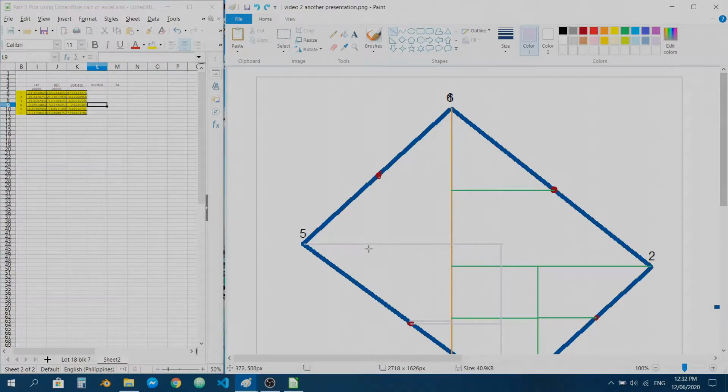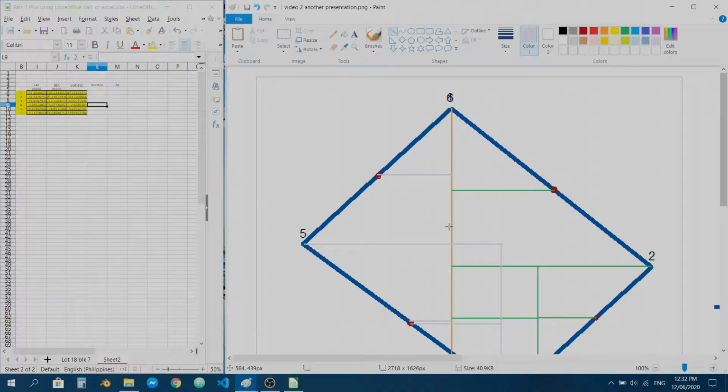Okay, moving on. For line 5 to 1, this is our departure, and then this is our latitude, and our half departure is this, which is also our meridian, because our latitude coincides with our common vertical axis, where we reference all our meridians.